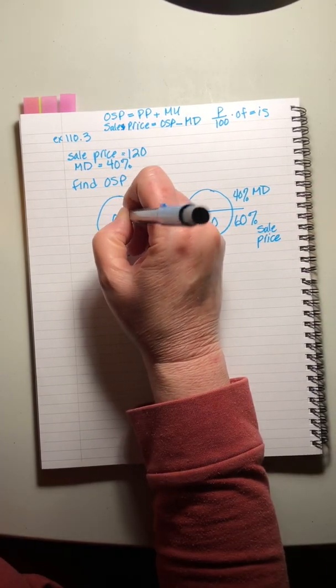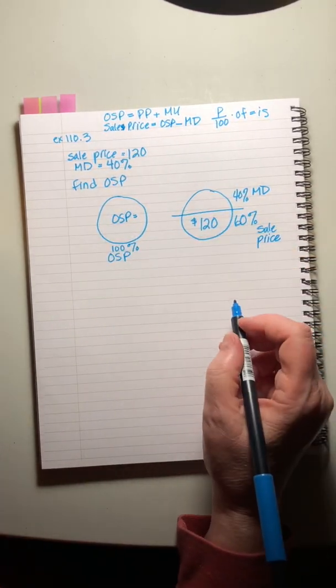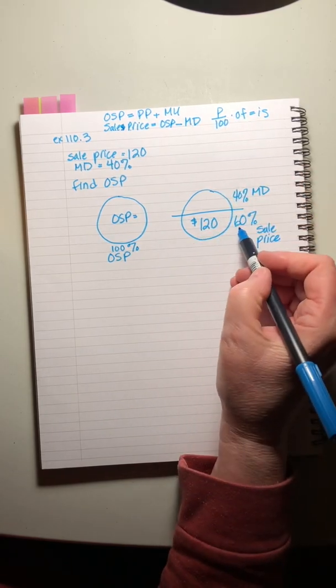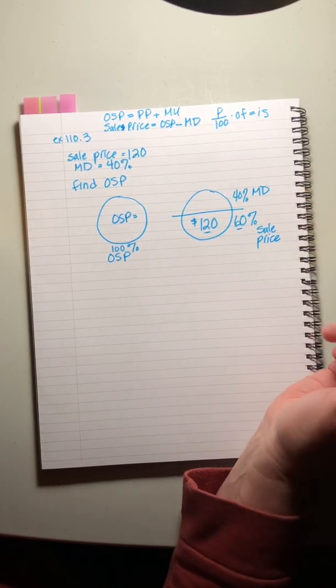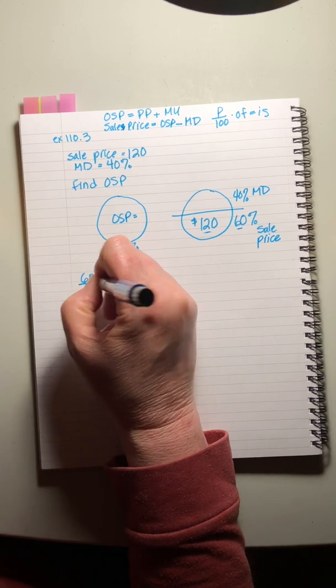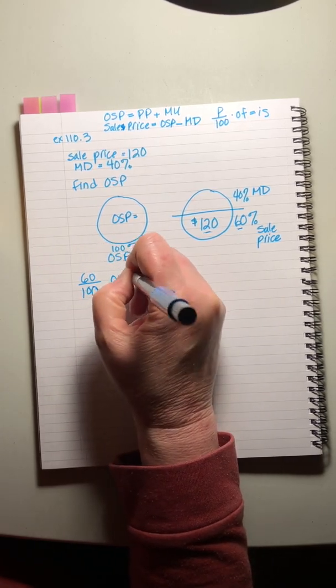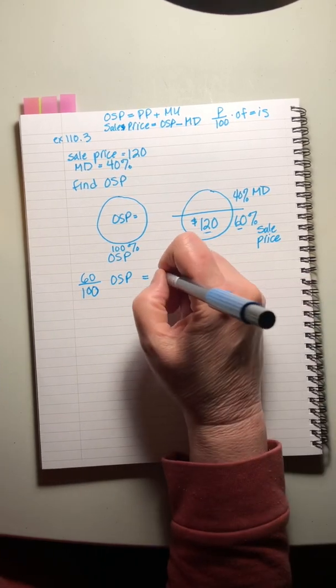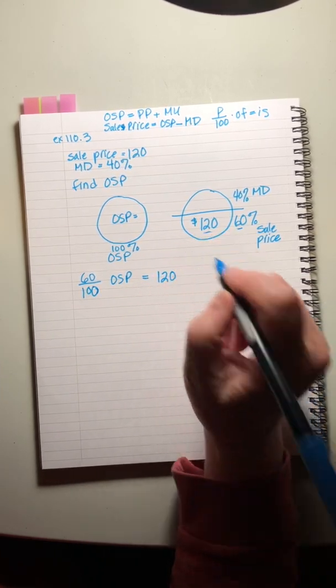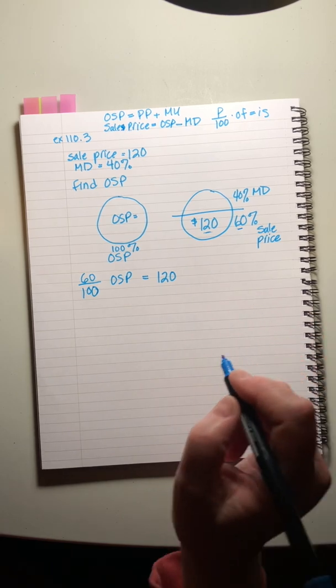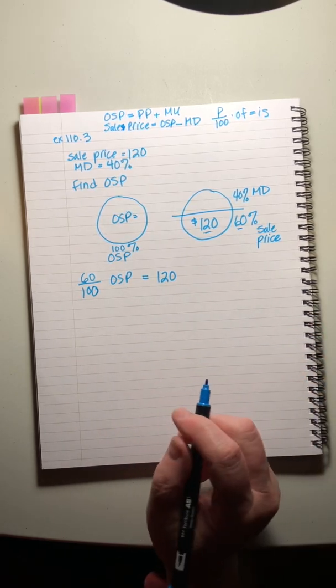I'm going to write OSP equals in there. So now we can use the formula. We want to use the 60% because we want to use the 120. So it'll be 60 over 100 times this OSP equals 120.